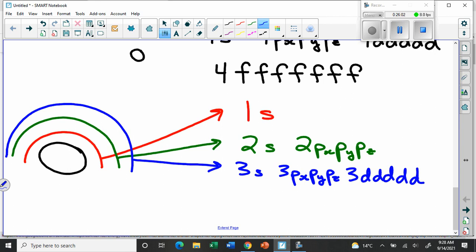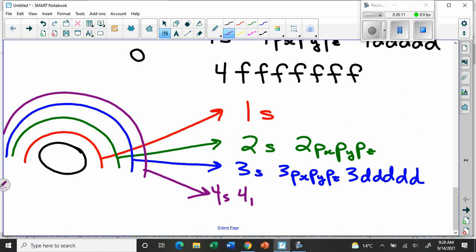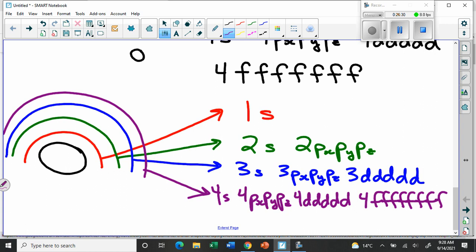And then if I do one more, I'll do it in this purple color here. The purple orbital, the fourth level, has S, it has P shapes, it has D's, 5, 1, 2, 3, 4, 5, and now we have the 7, 3, 4, 5, 6, 7 F's. And so the real electron numbers are 2 in each one.